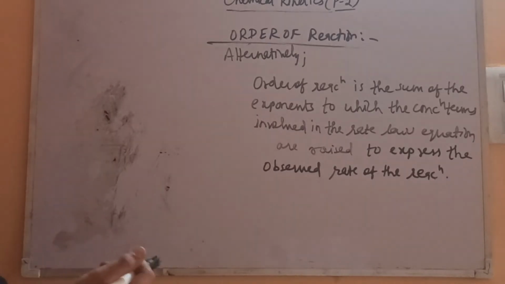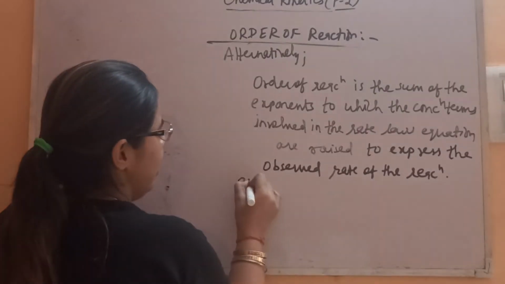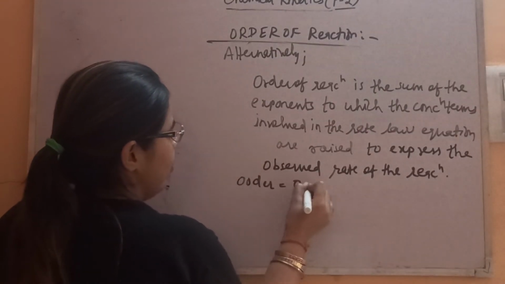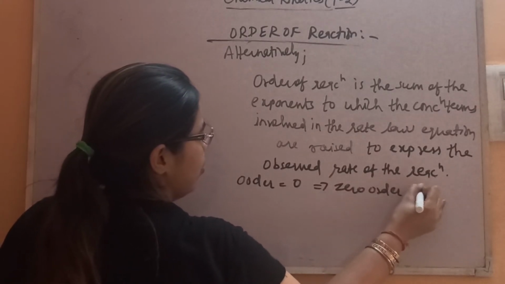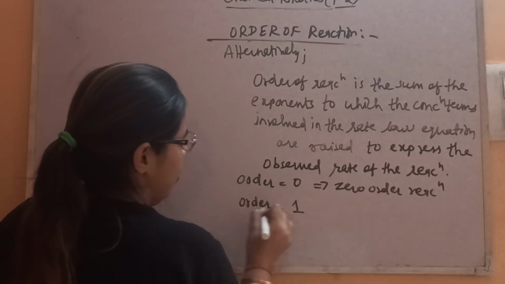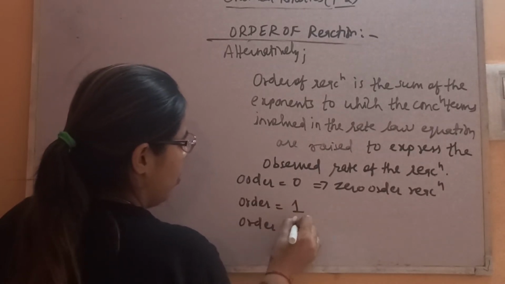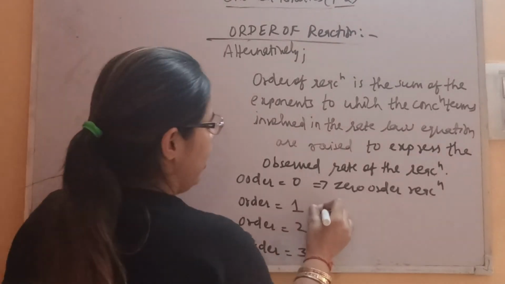So depending upon the order, the reaction rate is of different types. For example, if I say order is 0, it is a zero order reaction. If order is 1, order is 2, order is 3, we'll see the different reactions also, as it is an experimental quantity.